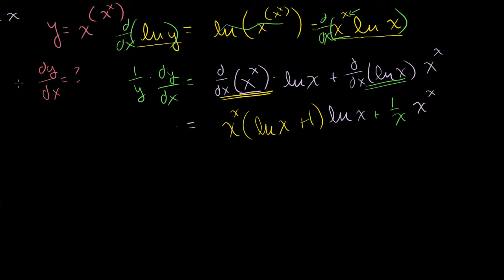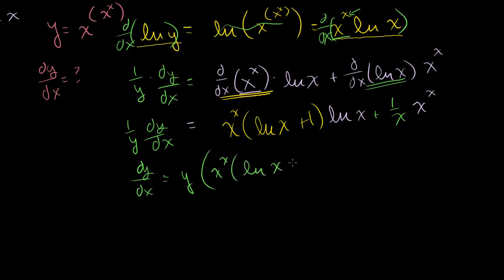And of course, the left-hand side of the equation was just 1 over y times dy/dx. And we can multiply both sides of this now by y. And we get dy/dx is equal to y times all of this crazy stuff: x to the x times the natural log of x plus 1, times the natural log of x, plus 1 over x times x to the x.